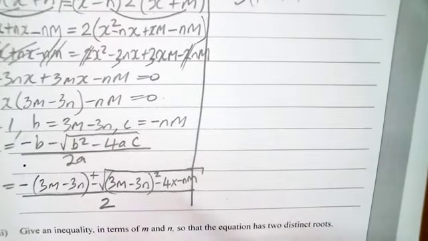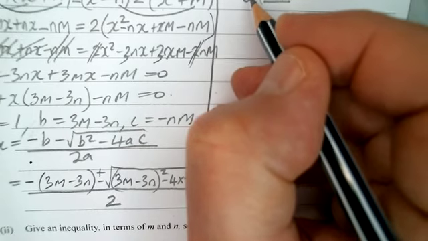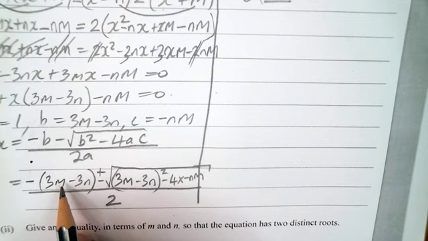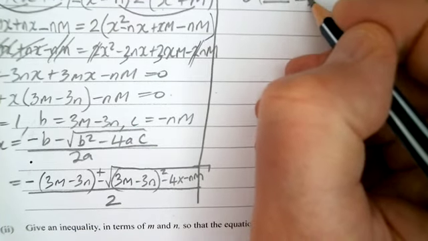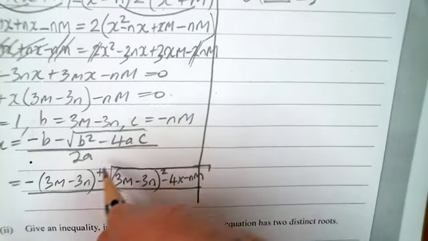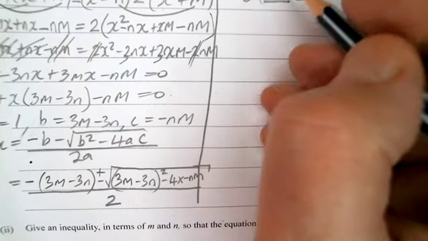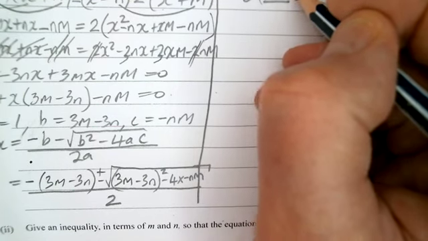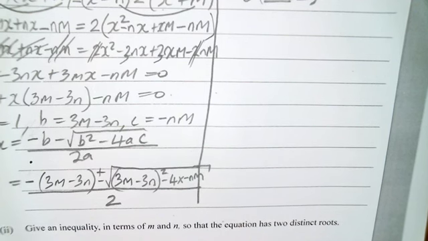The question really is, if I've got a negative there, what times negative 3 makes negative 3m? The answer is just an m. And what times negative 3 makes negative 3n? The answer is just an n, and because it's negative, minus n here. So I think that looks about right.